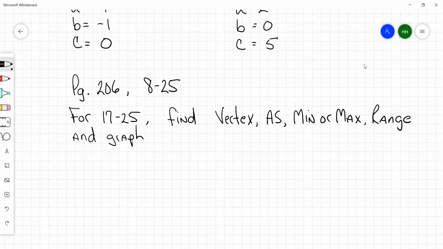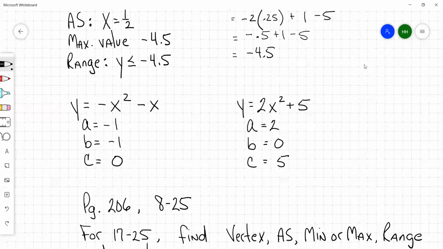Okay? So you're still finding the same information for 17 through 25, but you got to sketch a graph. You don't have to do a table of values to sketch your graph. All you have to do is what I did up here.